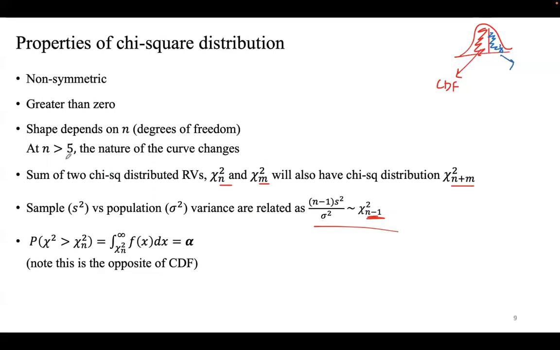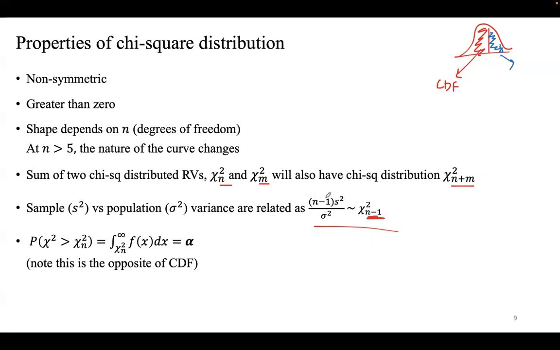At n greater than 5, there's a lot of change in the shape of the curve. We'll see that as well in R. There's an additive property. If you have two chi-square distributed random variables with n and m degrees of freedom, and you sum them, you also get a third chi-square distributed random variable, and the degrees of freedom is just the sum of the original degrees of freedom.